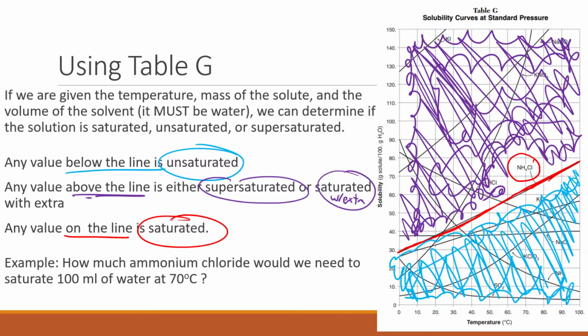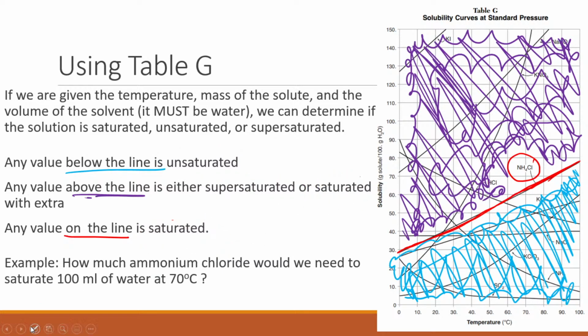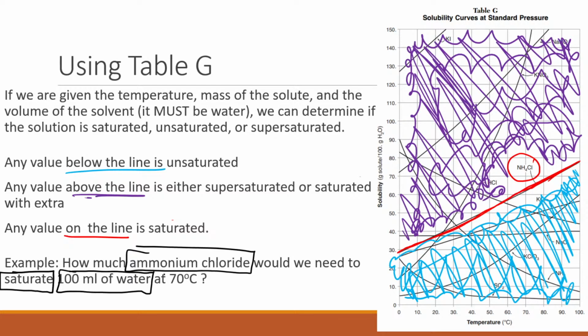All right, so when we look at a question, like this example down here: how much ammonium chloride would we need to saturate 100 milliliters of water at 70 degrees Celsius? I know ammonium chloride is NH4Cl, so I'm looking at this line.